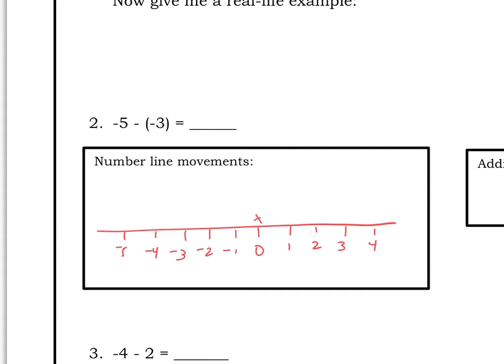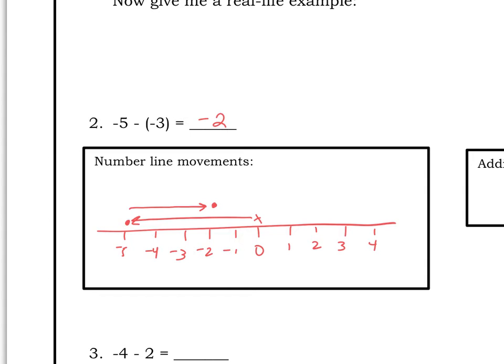So I start at 0, I go to negative 5, which puts me right here. Now, my subtraction problem says I'm subtracting negative 3. Well, typically if I was adding, I would keep going to the left. But because I'm subtracting, I am now going to go to the right. So I'm going to go to the right 3 spots, and I end up at negative 2. Okay, so I know this is going to equal negative 2.